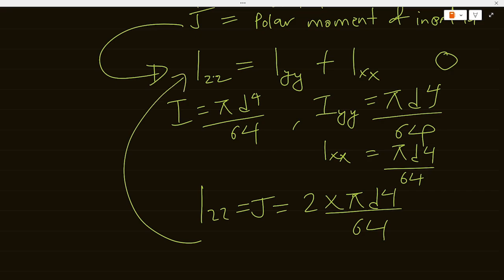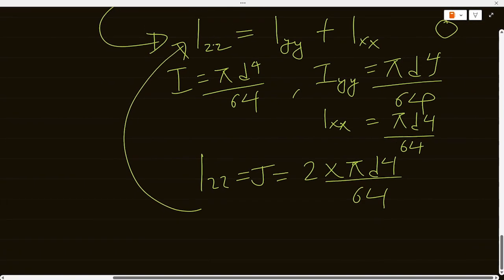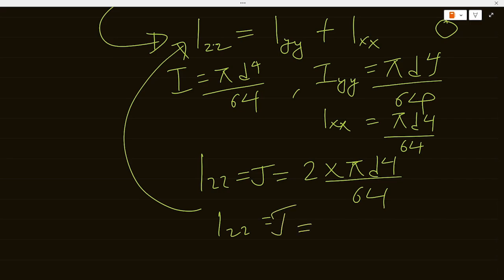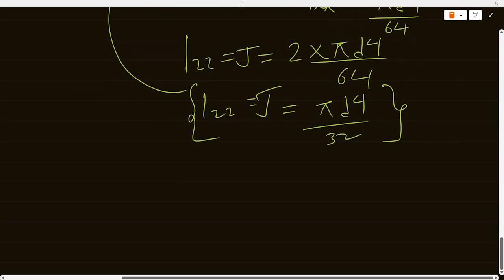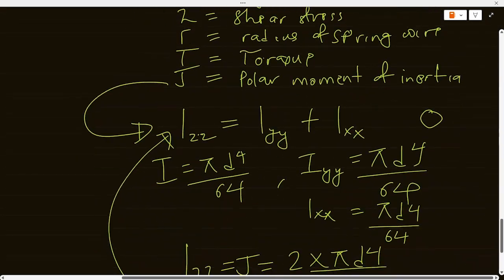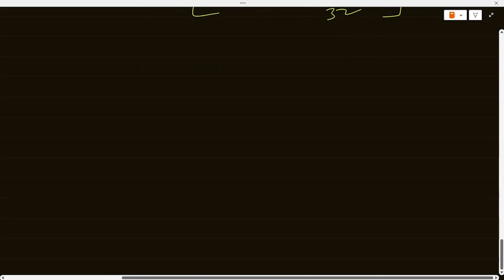Since Iyy is equal to Ixx, J is equal to pi d^4 over 32. Note this, please. Now we have our J. Let's derive the formula for our shear. Let's start with shear.